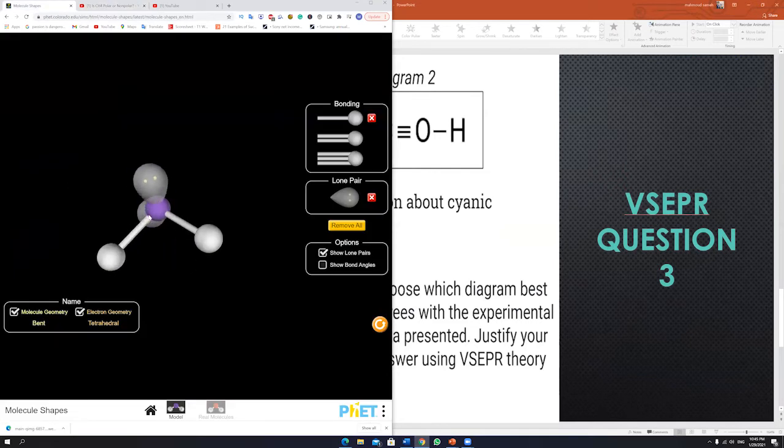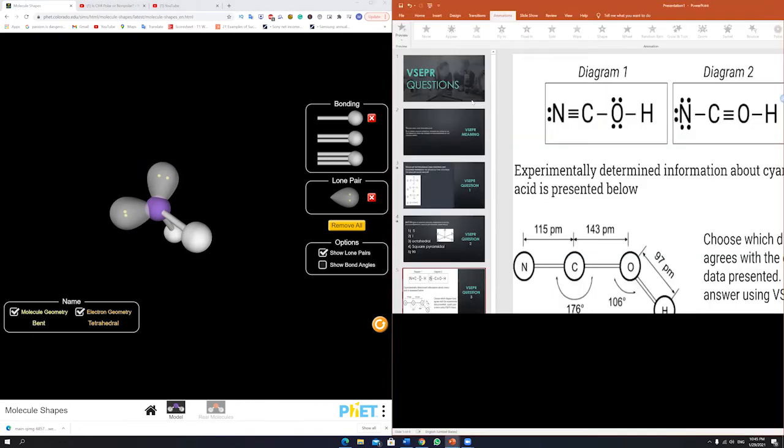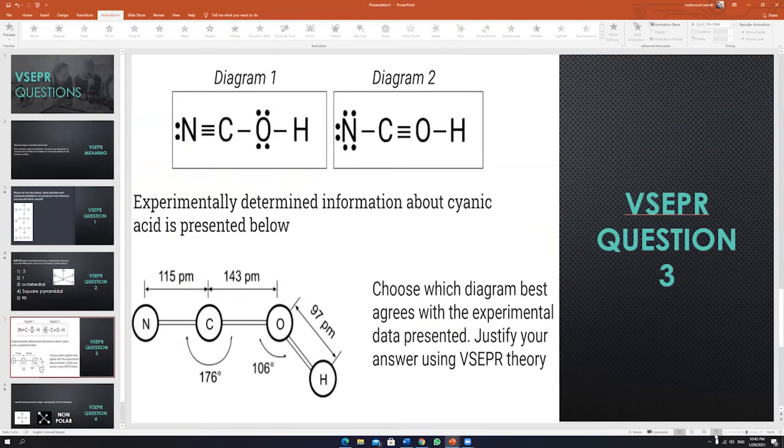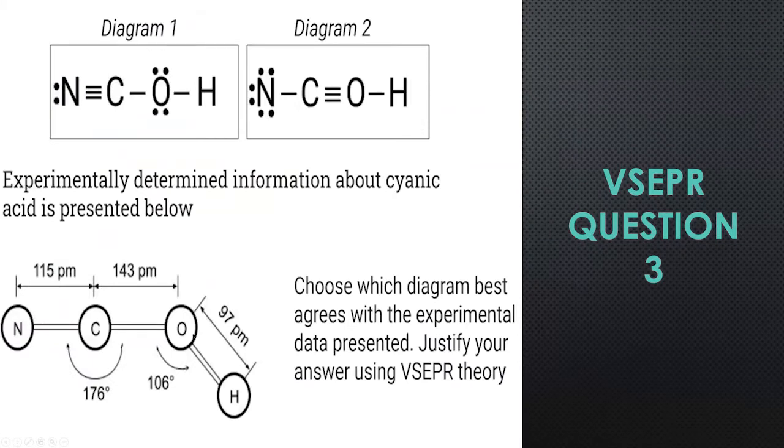In the tetrahedral, that's the presented molecule, it is a little bit tilted downward, which makes it bent. So here the answer will be diagram 1, because the hydrogen is tilted downward as it is in the simulation.